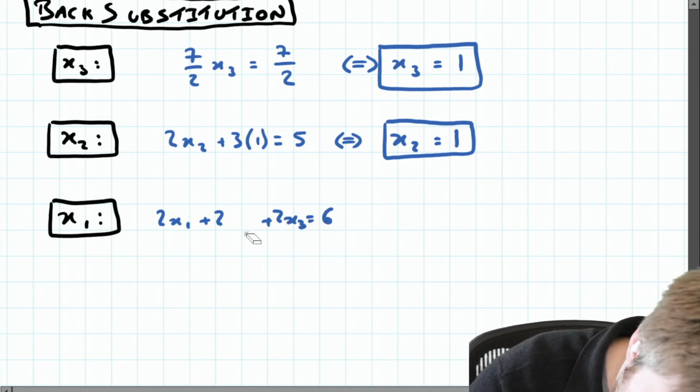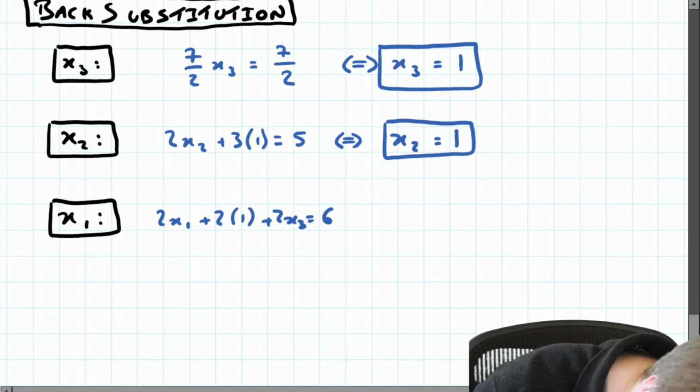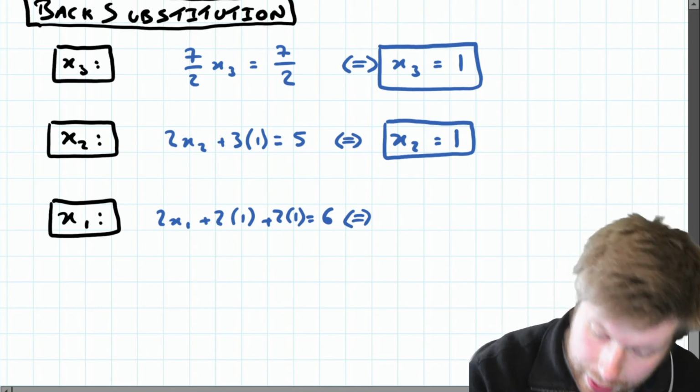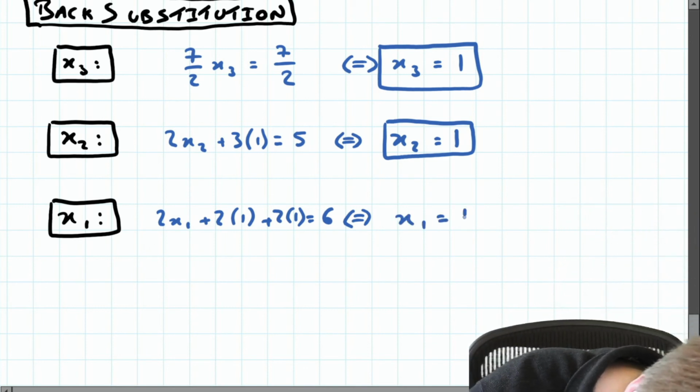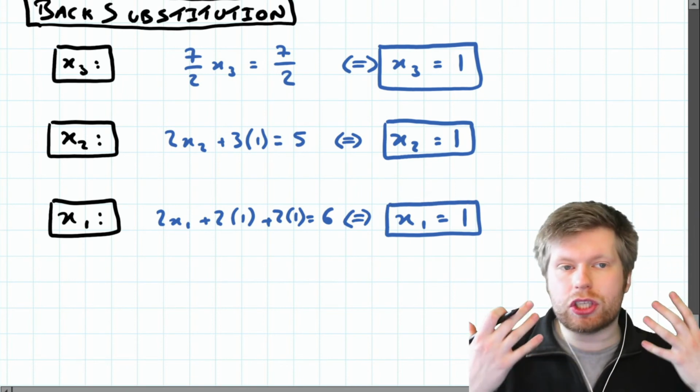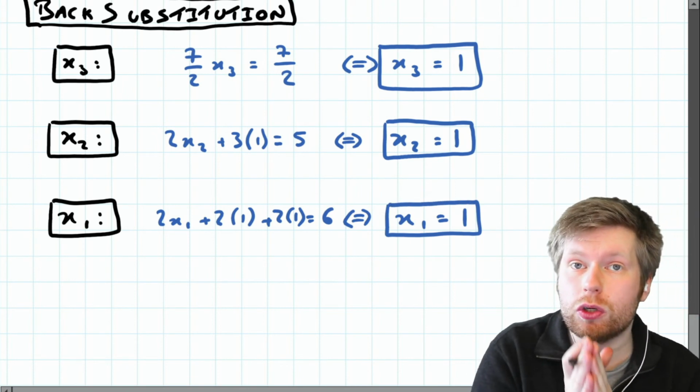Clearly I know the value of x2, that's equal to 1. I know the value of x3, that's also equal to 1. So therefore I'm able to write that x1 should just be equal to 1. Okay, fantastic. So in other words, that's how I'm going to solve my system of linear equations using Gaussian elimination.